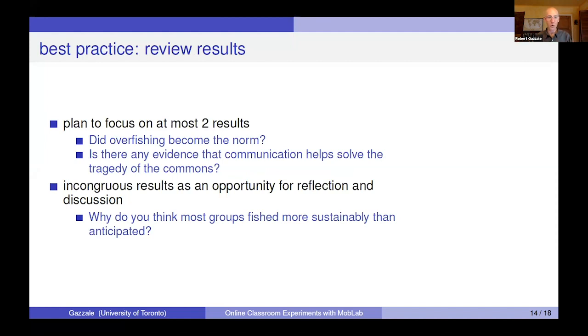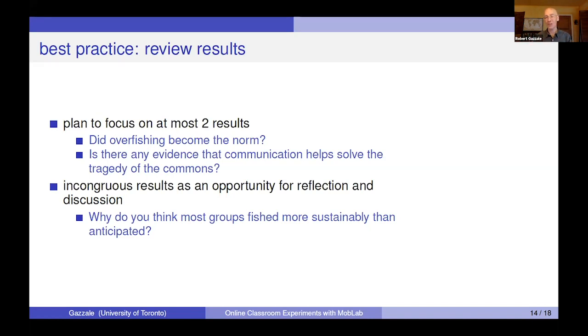The first thing that you're going to want to do is review results. What I encourage you is, based on your learning objectives for the experiment, to plan in advance: what are the one, maybe two results that you want to highlight? In the experiment we just participated in, I came into it wanting to highlight two results. The first is the tragedy of the commons.